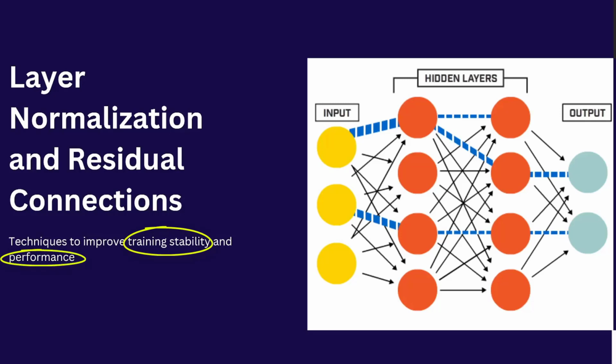So layer normalization scales and shifts the activations within each layer to have a consistent mean and a consistent variance that will prevent the model from experiencing issues like vanishing or exploding gradients. Residual connections, on the other hand, allow the model to learn more complex functions by adding the output of previous layers, of hidden layers, to the input of the current layer. This is the idea.